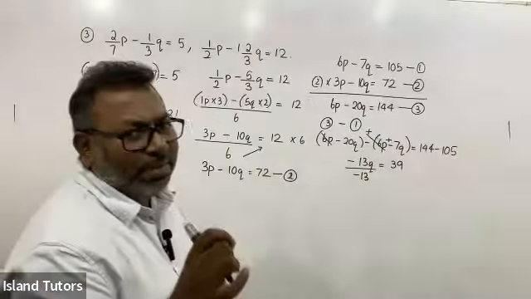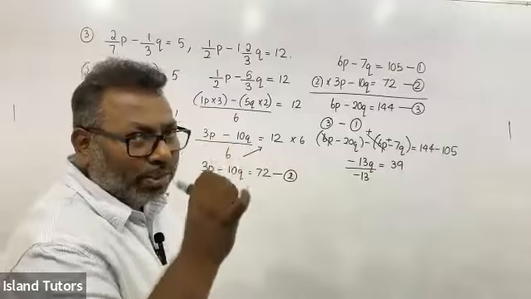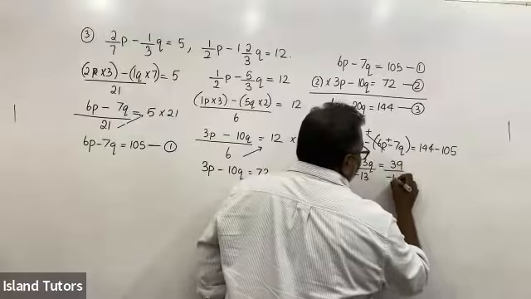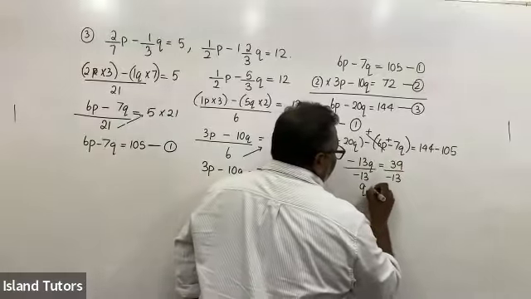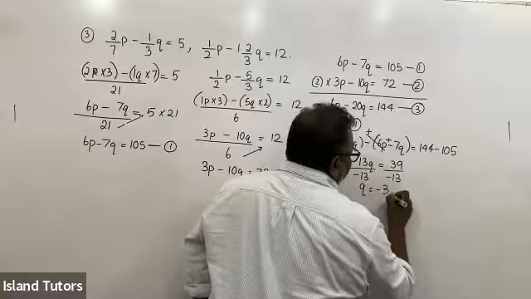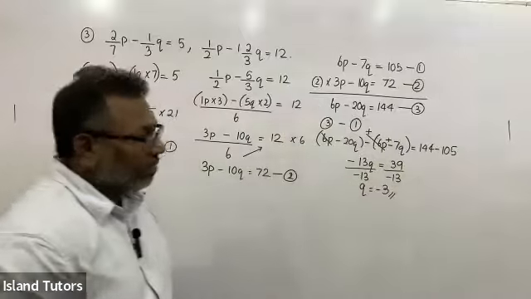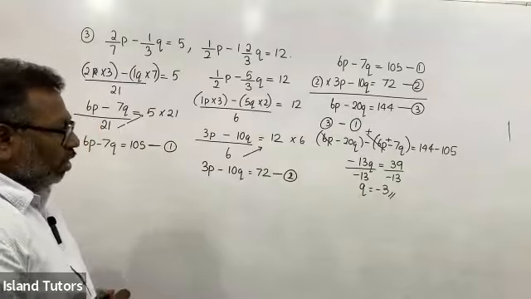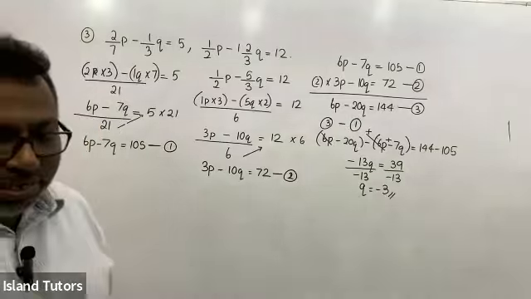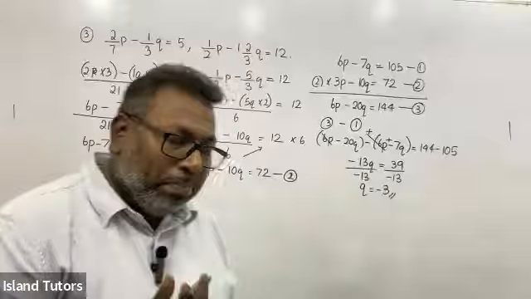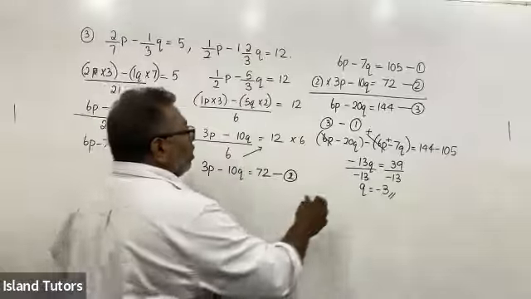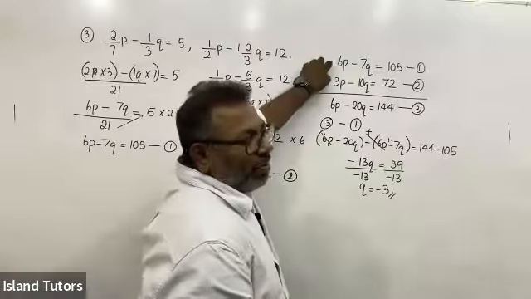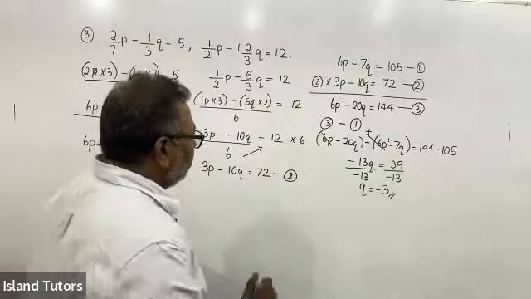Divide by minus 13. Why minus 13? Because we want q as a positive value. So divide by minus 13. Q is equal to minus 3. Now we need to find out what is P. So substitute Q into maybe the first equation.